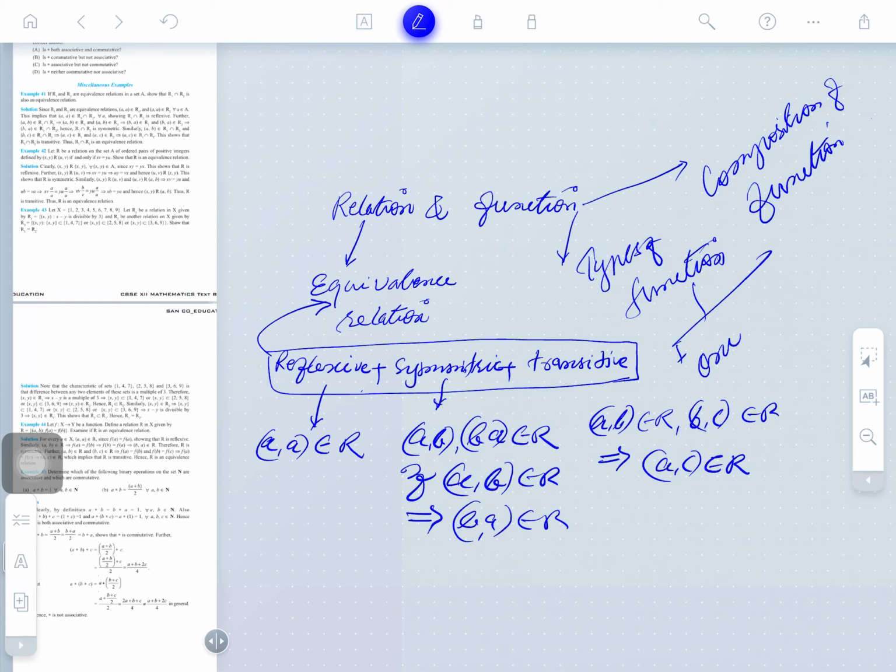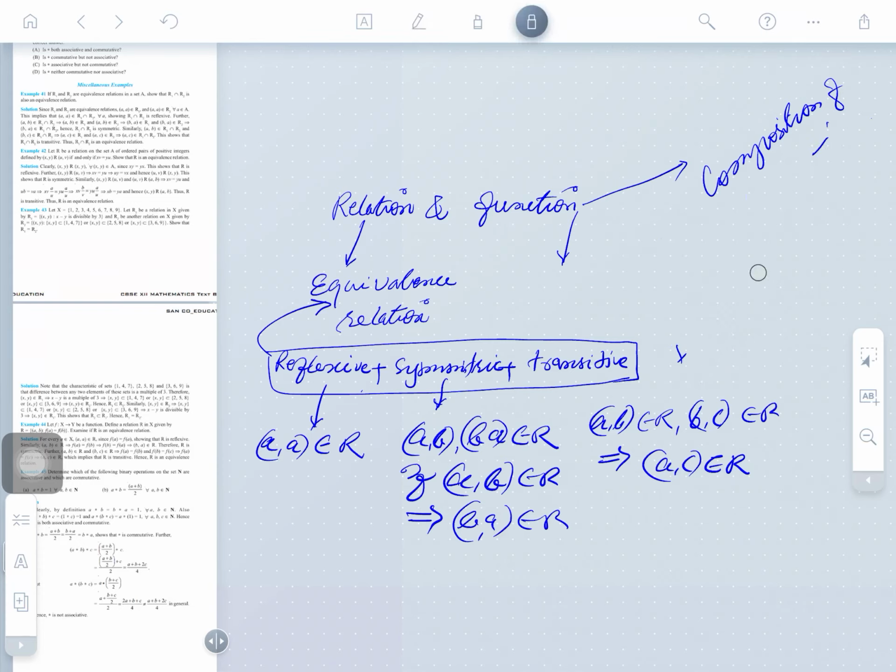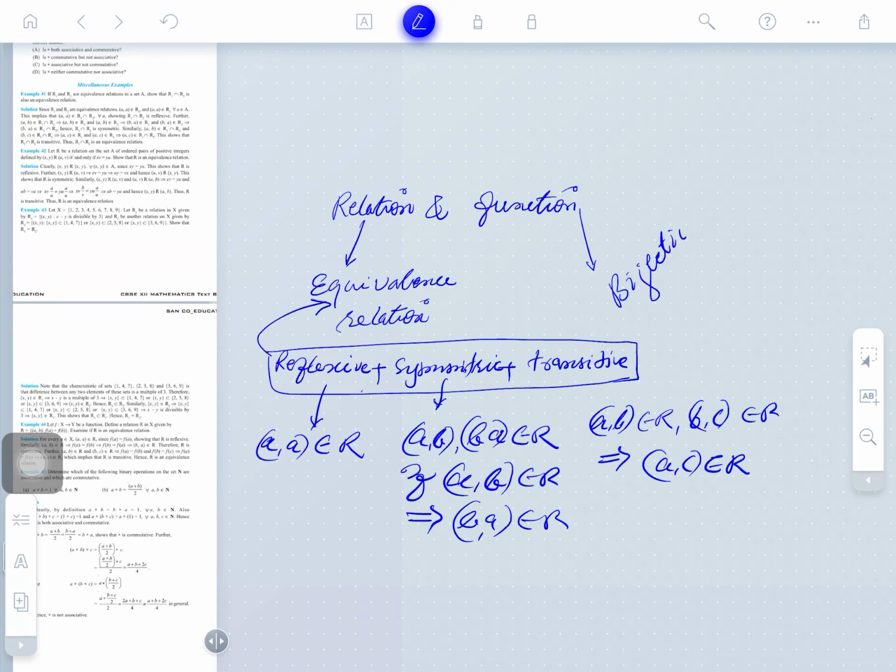Wait a minute, please. Functions have a two-level hierarchy here. One is the binary function. Now binary is removed from the course. Bijective only. Bijective, and the second is composition.